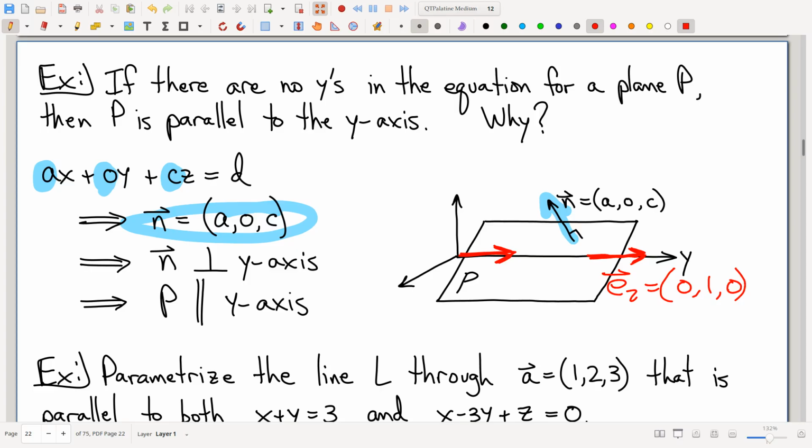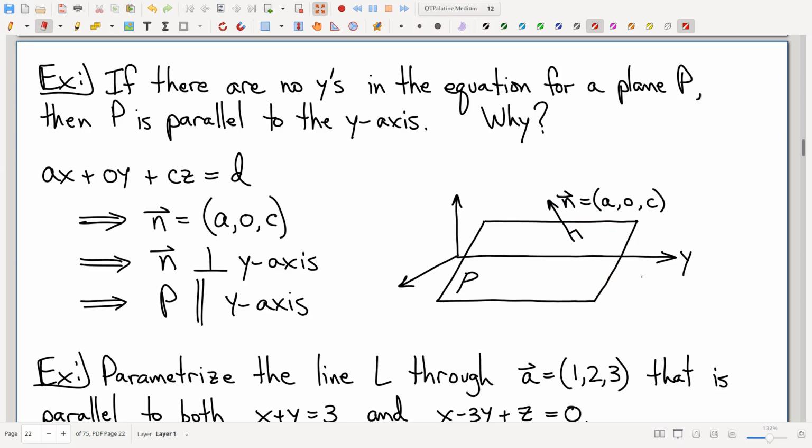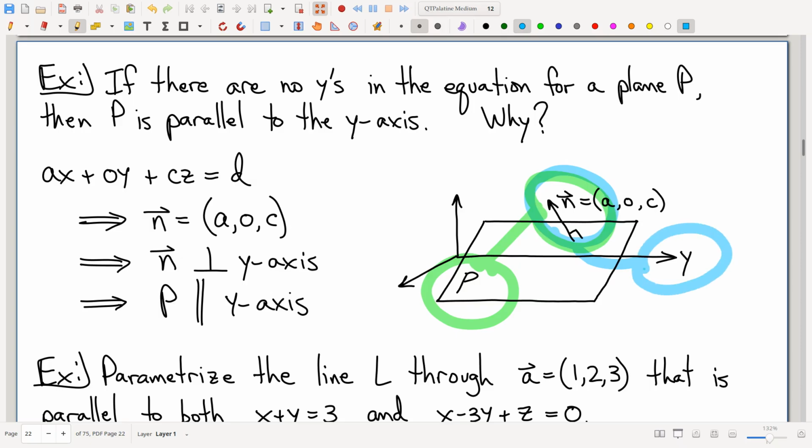So altogether then, we have two things. Okay, let's clean it up. What I've shown then is that my plane is perpendicular to the normal vector, but also that the normal vector is perpendicular to the y-axis.